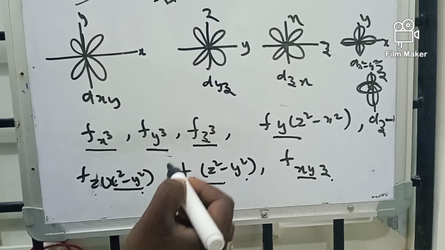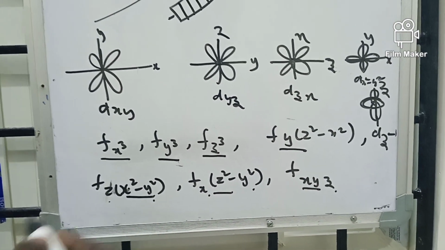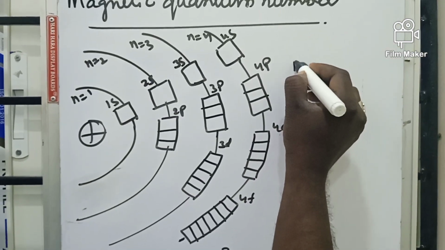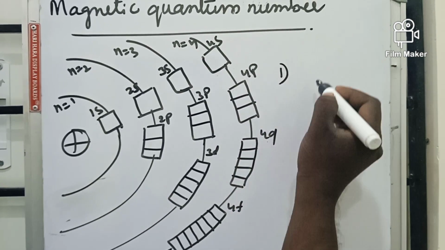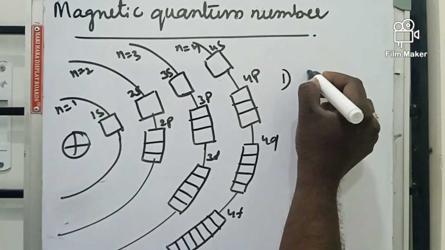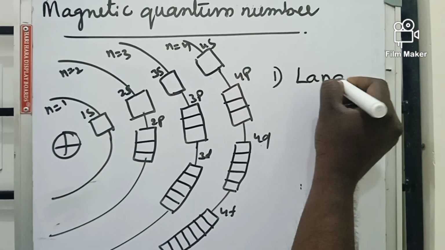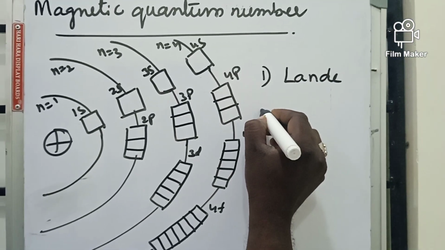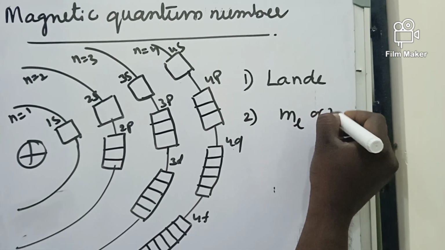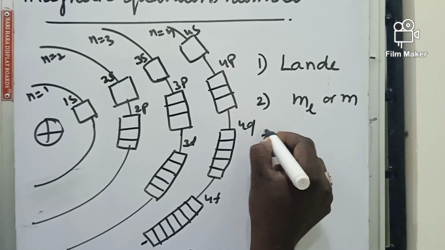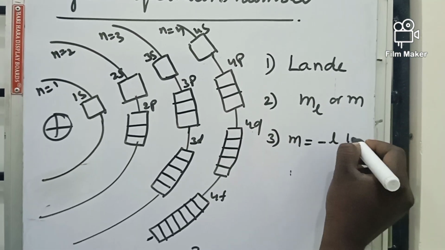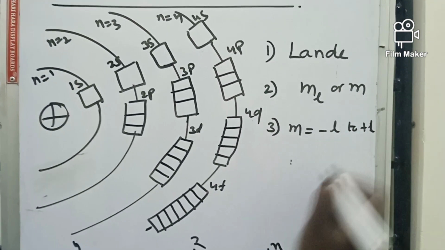Okay, let's discuss the magnetic quantum number. Magnetic quantum number is proposed by the scientist Lande, and it is represented by the letter ml or m. Its values are m equal to minus l to plus l.